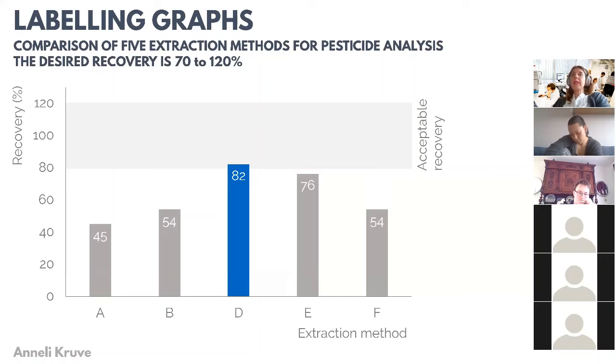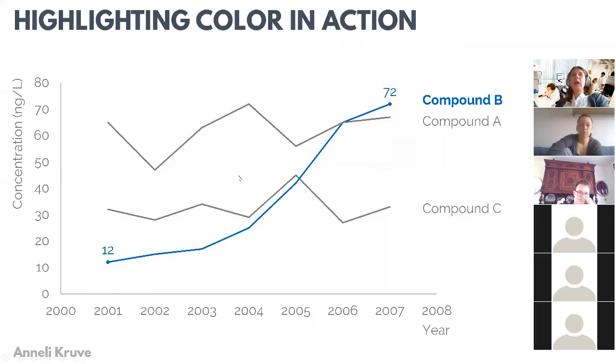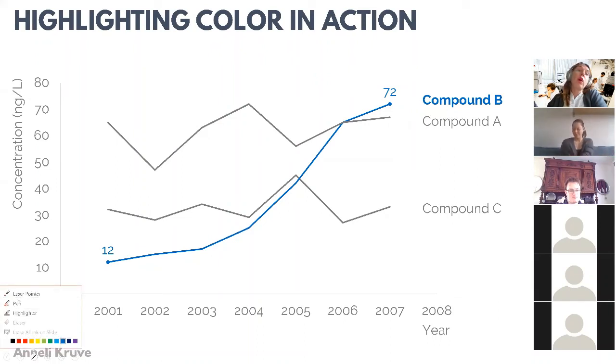Okay, so this is about highlighting and adding labels for bar charts. When we look at the line chart, then we had these 3 compounds that had been measured in environmental samples over a longer time period. And here, if it's important, we can also highlight some numerical values.